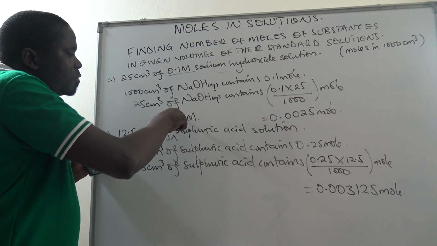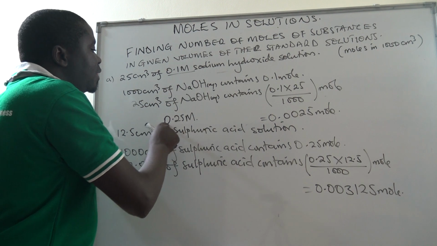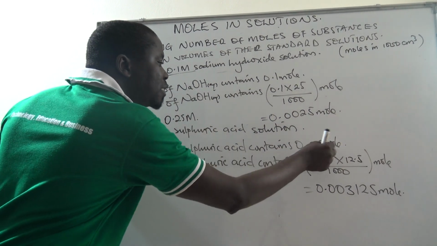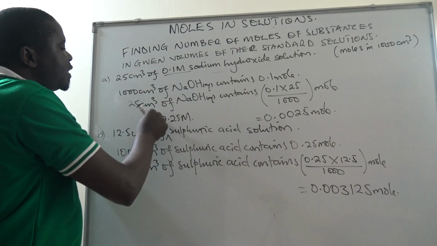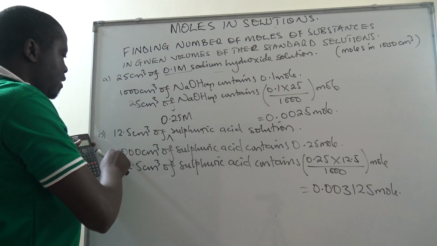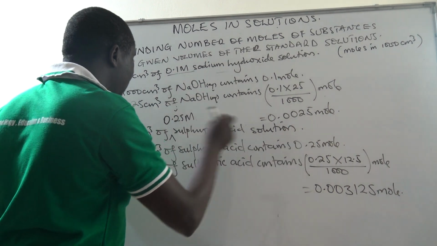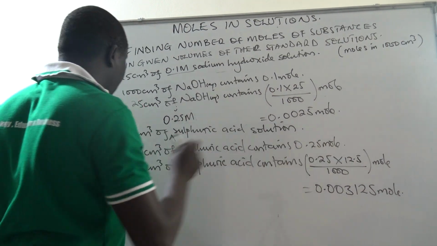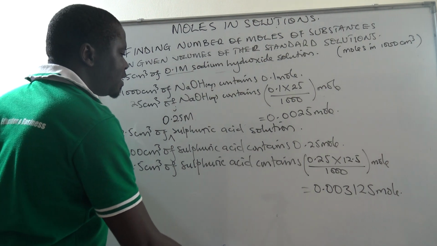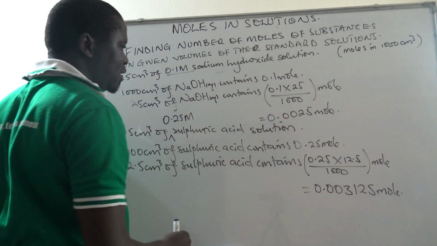So we say 1,000 cubic centimeters of that very solution contains the number of moles, which is the value of molarity, and the unit must be mole because we are interpreting this molarity here. Like in this case, we have done it as 1,000 cubic centimeters of sulfuric acid contain 0.25 mole. Then what of the volume given, the 12.5 cubic centimeters of the sulfuric acid? It contains, you cross multiply and you get your answer.